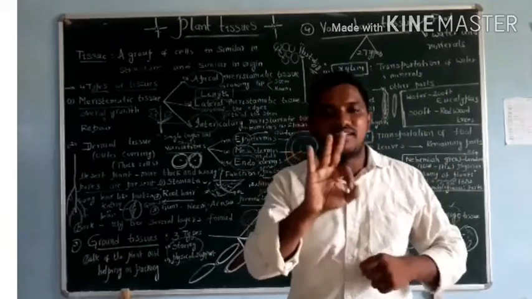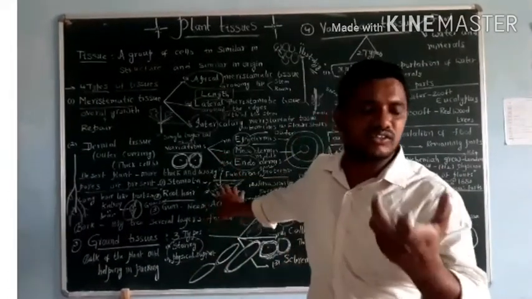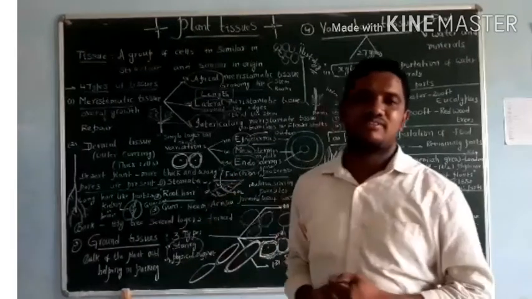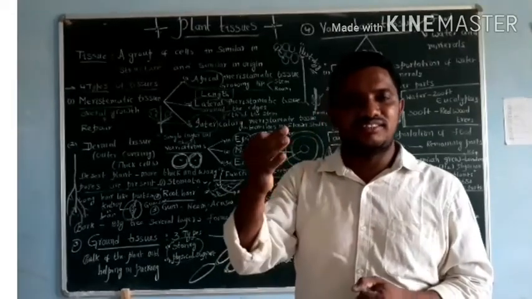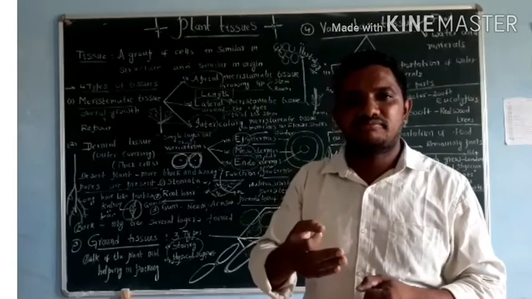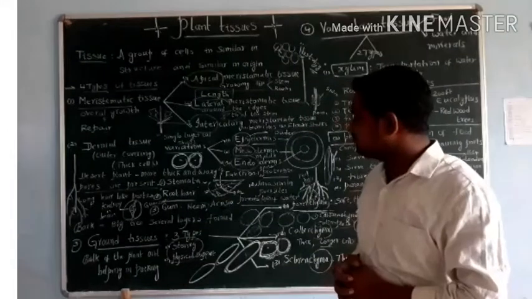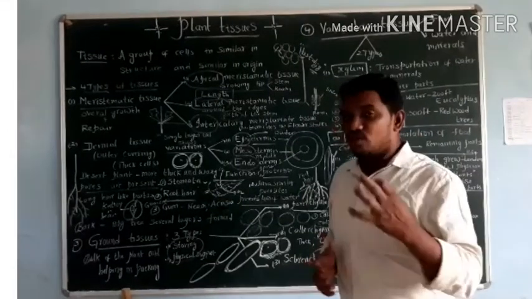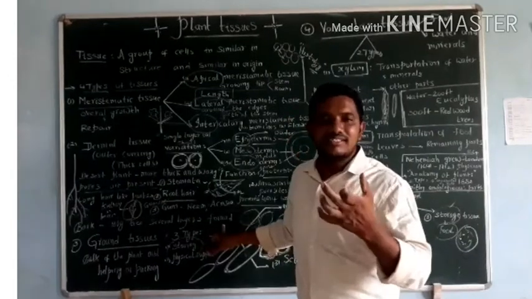There are three types of cells that dermal tissues contain. The first one is stomata, second one is root hair, third one is gum. These three types of cells are made up of dermal tissue. See, one more important point here. Big trees contain stems.